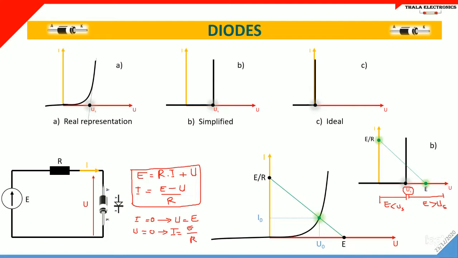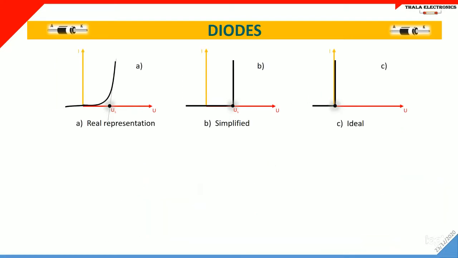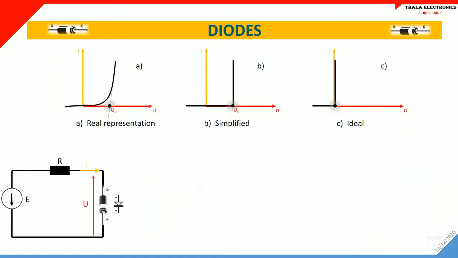Now, what happens if we connect the diode in reverse? If we connect the diode in reverse, we just have to reverse the polarity of my source. Now let's extract our equation from the circuit.